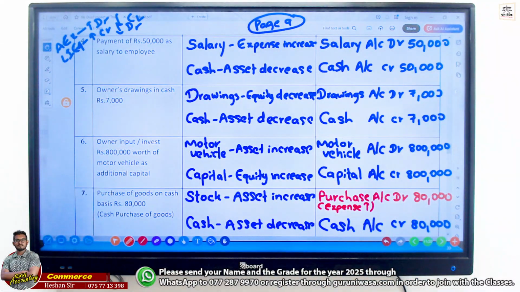Cash account credit. All done? Right. All good.